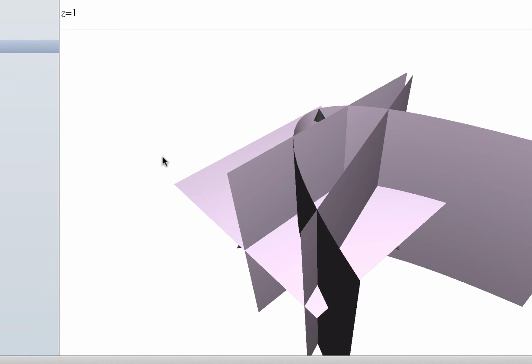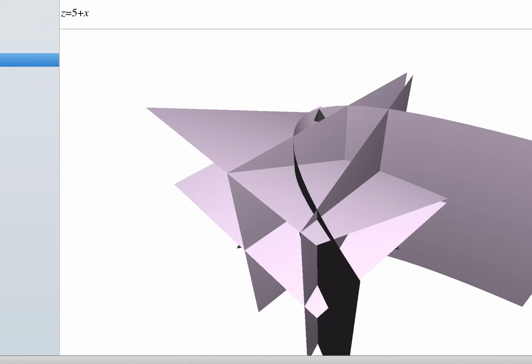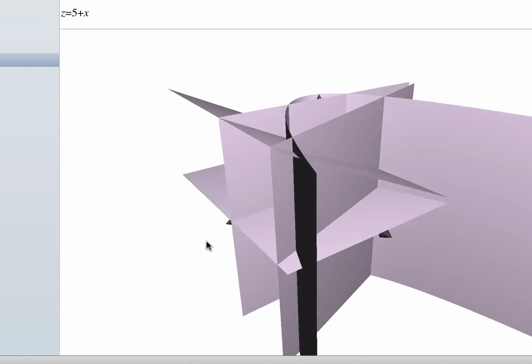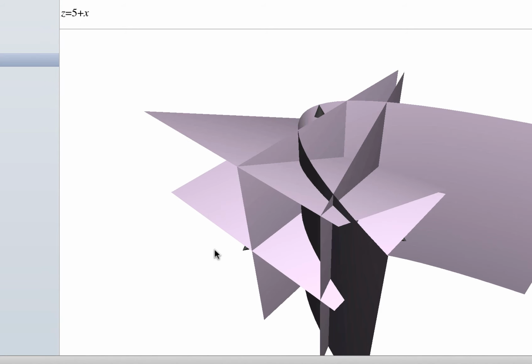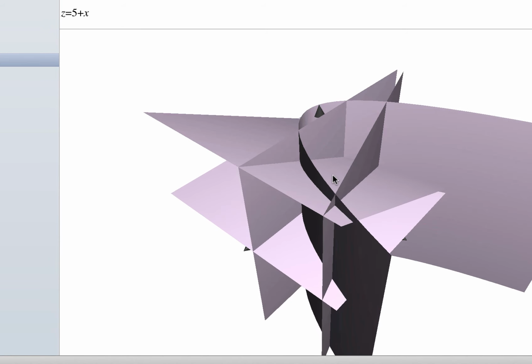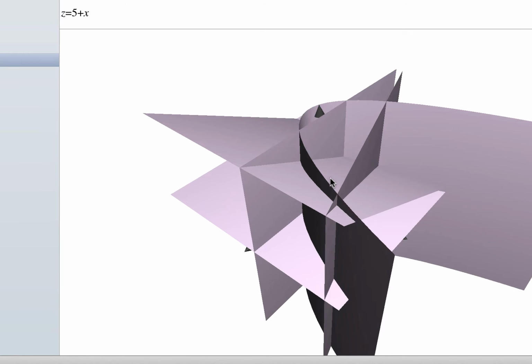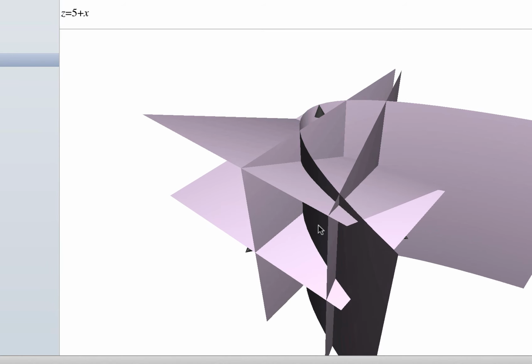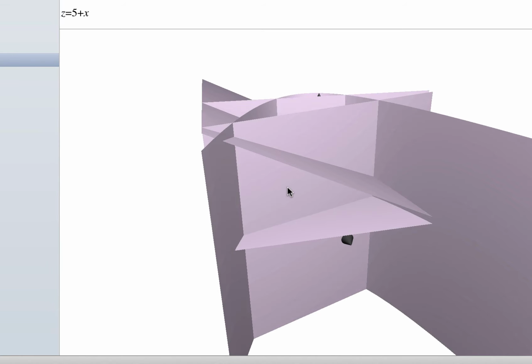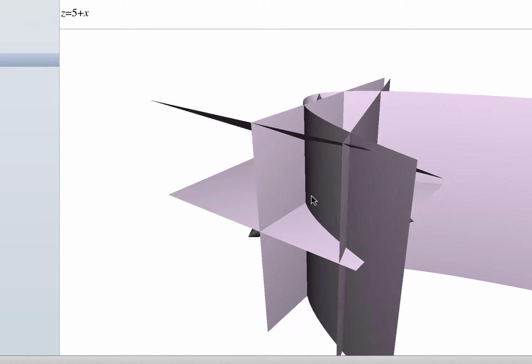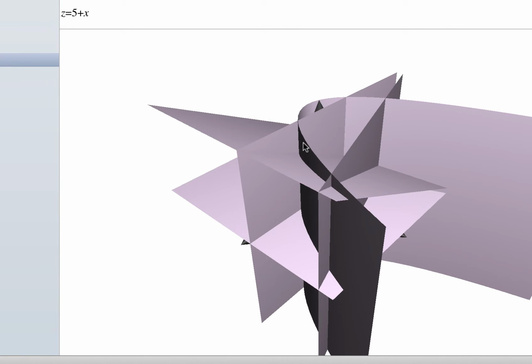It's the bottom surface there. And the top surface is z equals 5 plus x. Now it's nearly impossible to see the solid that we're talking about here, but it's inside here, right? It's underneath this plane, inside this parabolic cylinder, behind this plane. Now, while we're not able to really see what the solid looks like alone here, I think it does help to give us an idea of what we're integrating.